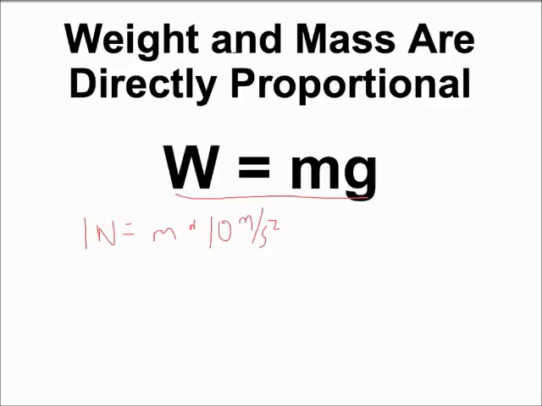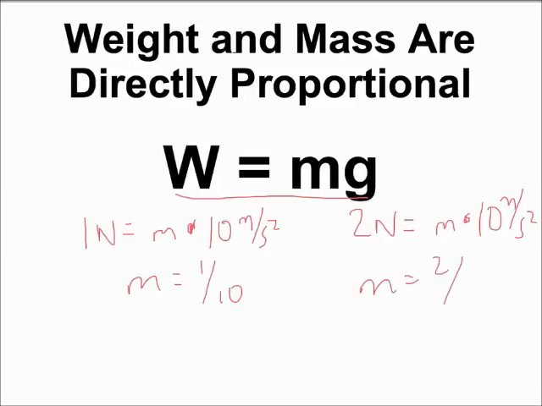So if you have a weight of 1 newton and we multiply this through, that's supposed to be a times, mass equals 1 over 10. So let's make weight go up to 2 newtons. Mass times 10 meters per second squared. And if you divide this out, mass is equal to 2 over 10. And the units on these would both be kilograms.